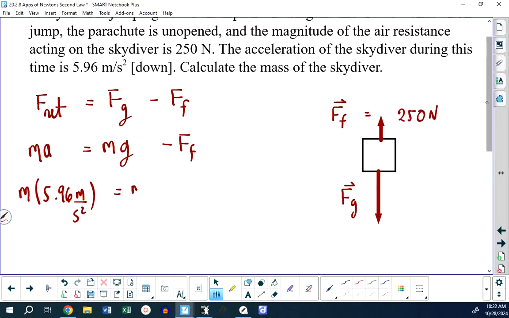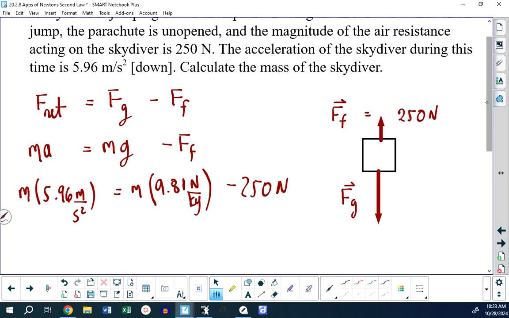The value of g is 9.81. And then minus the 250. So there's no negative 5.96 because they're accelerating down. The net force is down, so we set it up this way.